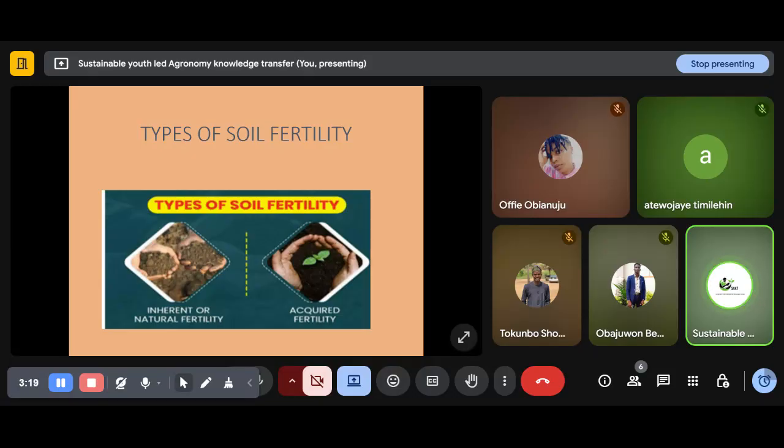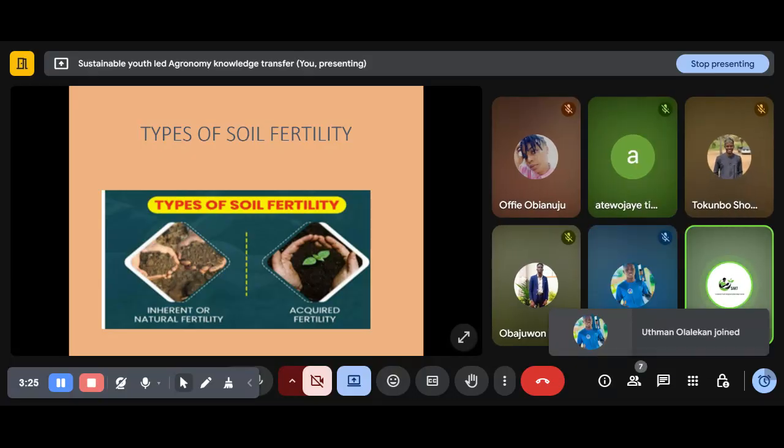Now, types of soil fertility. We have two types: inherent or natural fertility, and acquired fertility. Inherent or natural fertility is for soils that are fertile naturally. That is as a result of maybe they've not farmed on that land before, some people call it virgin land, and a lot of organic matter has decomposed in that soil.